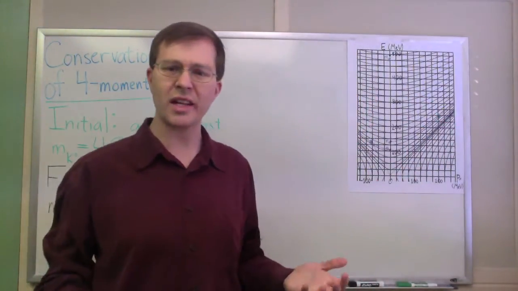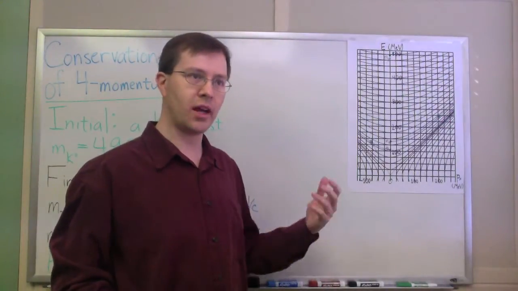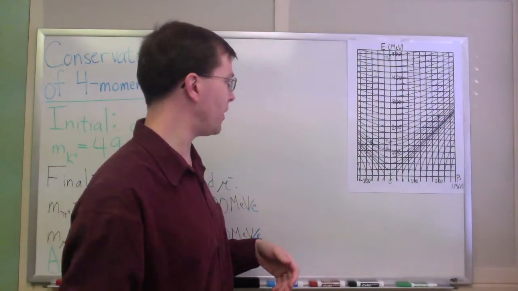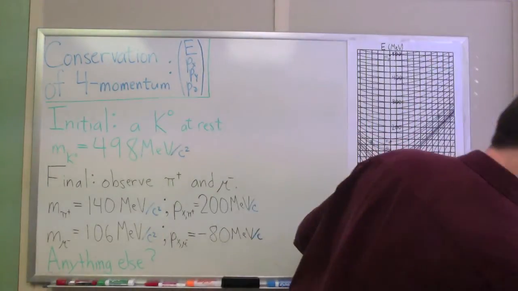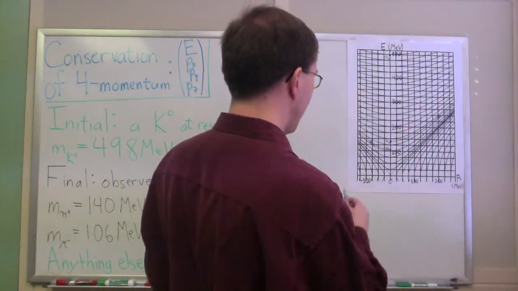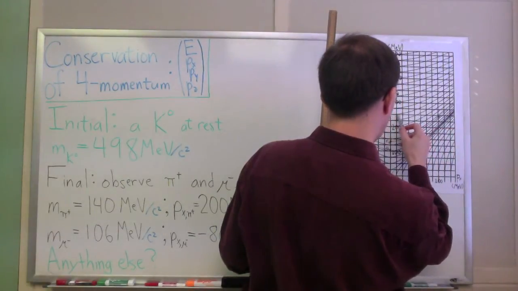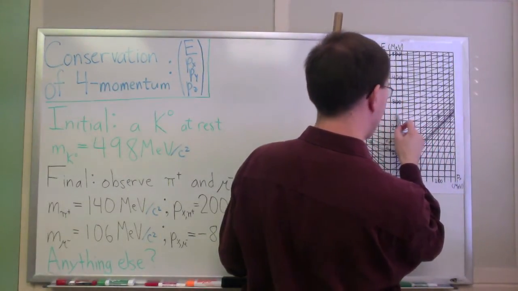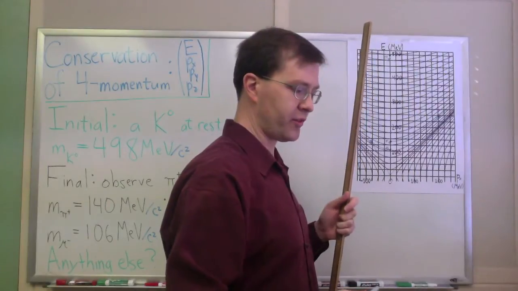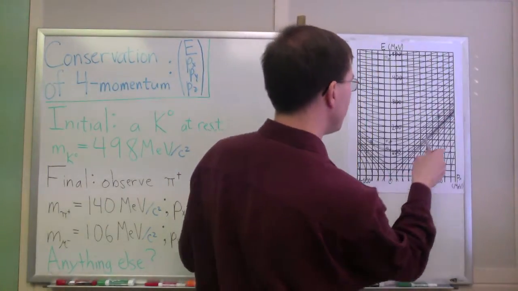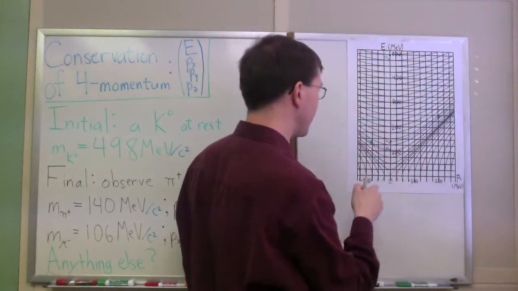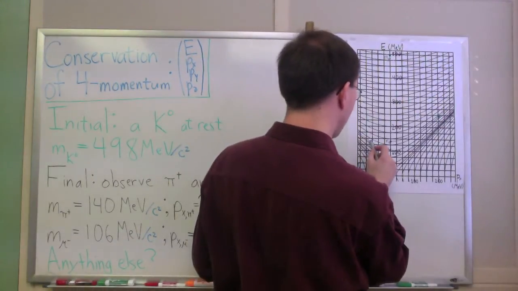I'm just going to add them just like I add vectors: the tail of one connects to the head of the previous one. So if I do that, let's see, how high is this? This is almost up at the 250 mark. So I'm going almost 250 steps up, maybe a step down, 245 or something like that. So let me go 200 over from here.